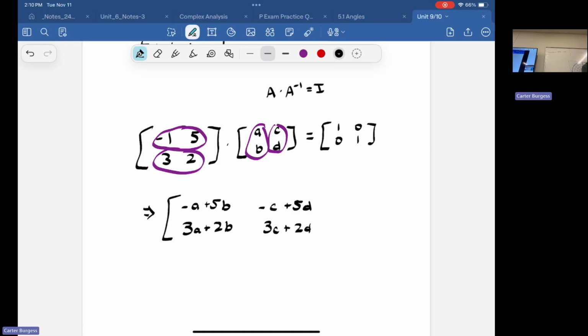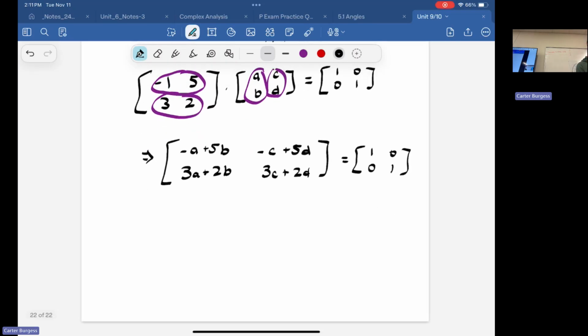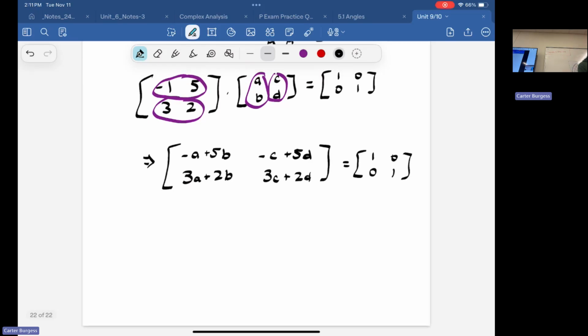Plus 2d. Very nice. And what should this be equal to? 1, 0, 0, 1. Which will give us exactly what Addy was pushing for here, which is a system of equations. We'll essentially get two 2x2 systems of equations here, where we can solve one for A and B, or A and C, whichever arrangement you had, and the other for the other two.